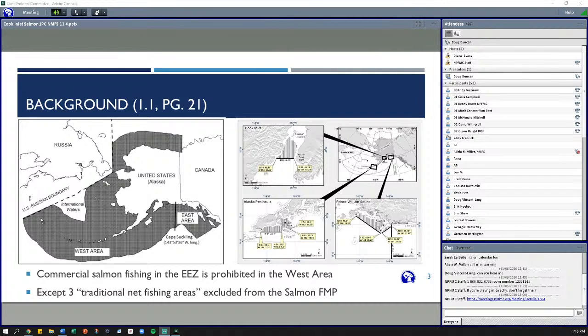And in the west area, which includes Cook Inlet, there is a general prohibition on commercial salmon fishing in the EEZ. However, there are three exceptions for traditional net fishing areas, which are excluded from the Salmon FMP and federal management. And this has the effect of deferring management to the state of Alaska.